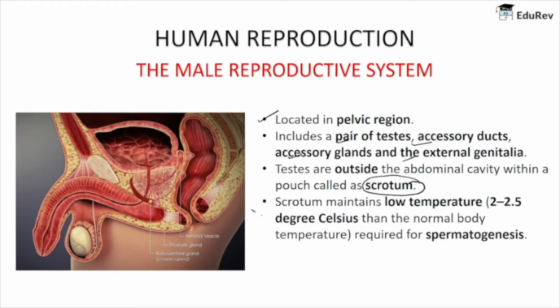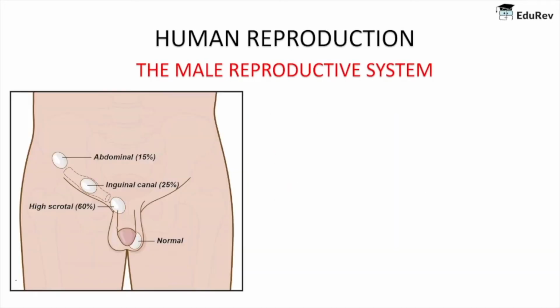Very importantly, the function of the scrotum is to maintain a low temperature, about 2 to 2.5 degrees Celsius below the normal body temperature, which is required for spermatogenesis.